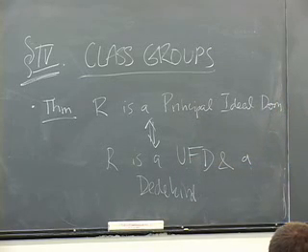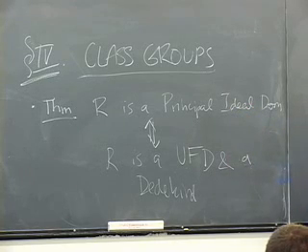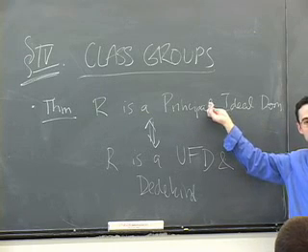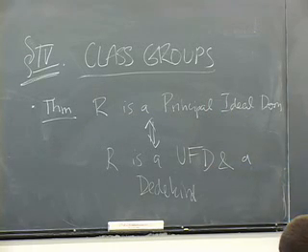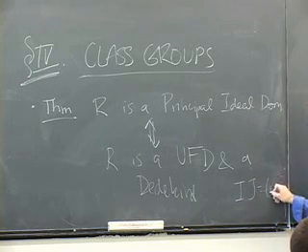Why is it easy? Can somebody give me a quick proof of the fact that if I have a principal ideal domain, then it's a UFD and a Dedekind domain? Absolutely. So first step is that we already know that PIDs are automatically UFDs. So it suffices to show it's a Dedekind domain. Well, remember, the definition of Dedekind domain was that for every I, we had to find some J such that this thing is principal.